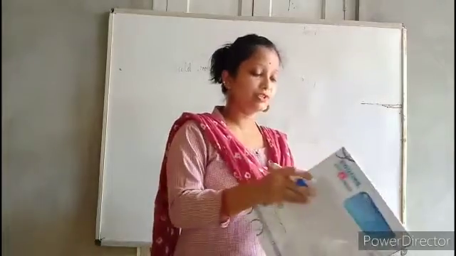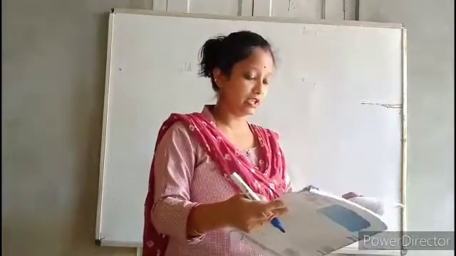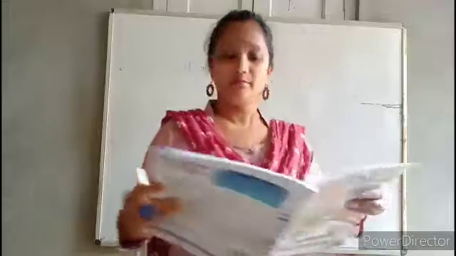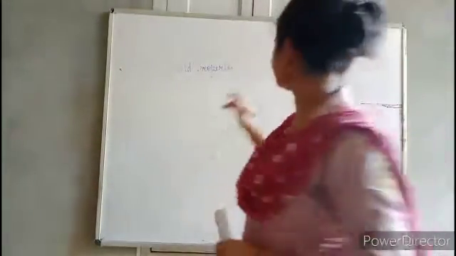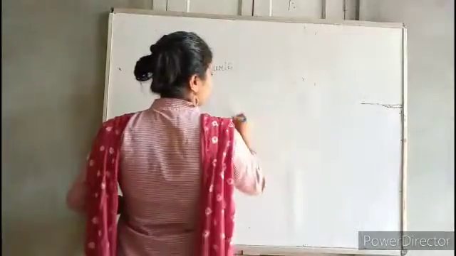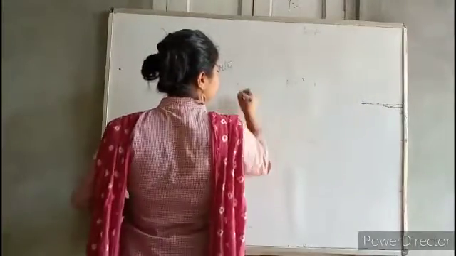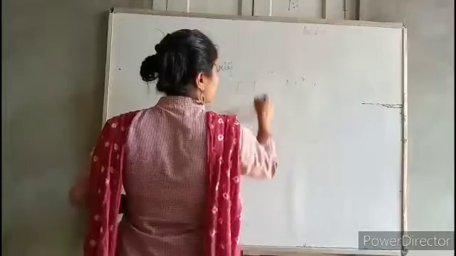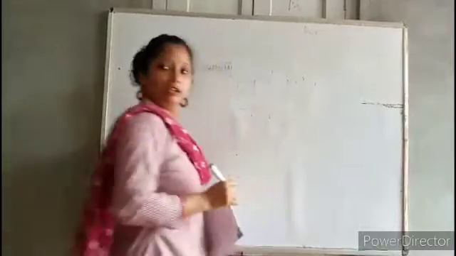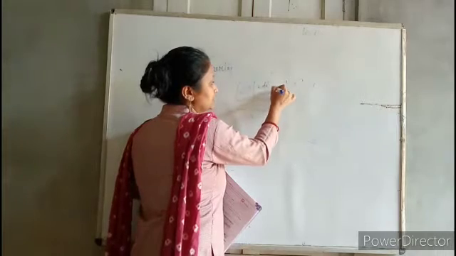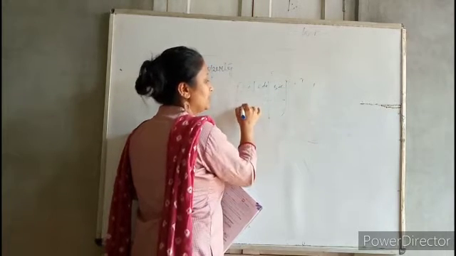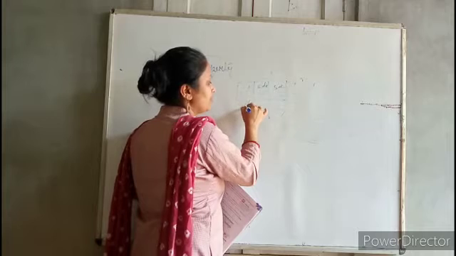Primary key. How to set a primary key? What is primary key? The main key. Main key, this is called primary key. Suppose this is the table. Here name, roll number, section. You want this name to be primary key.